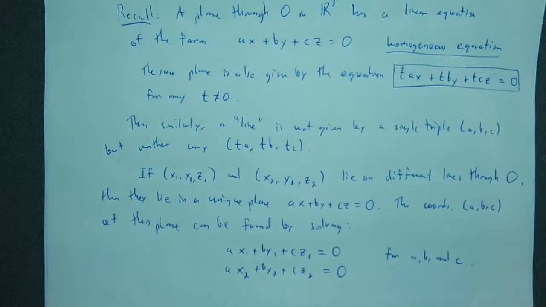There are more unknowns than equations, so there's not going to be a single solution triple. There's going to be a whole space of them.